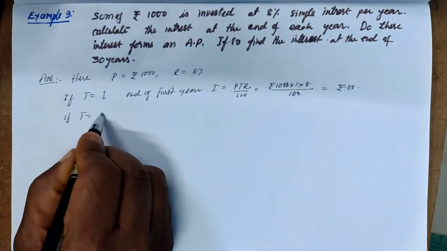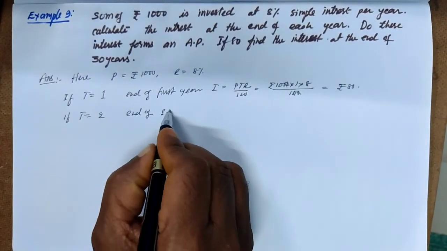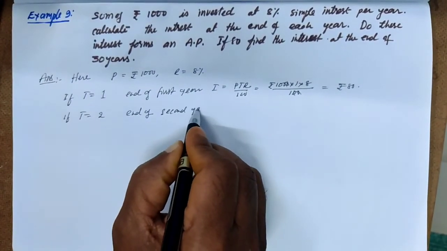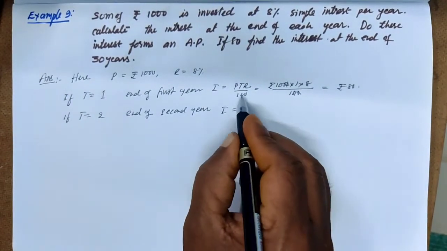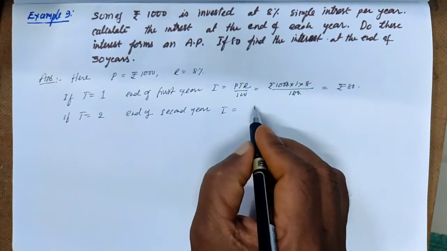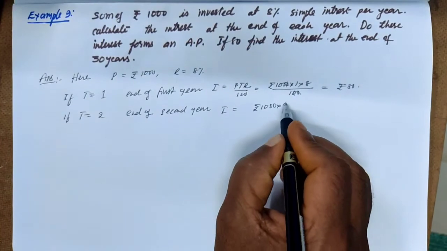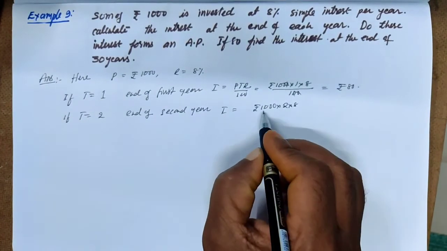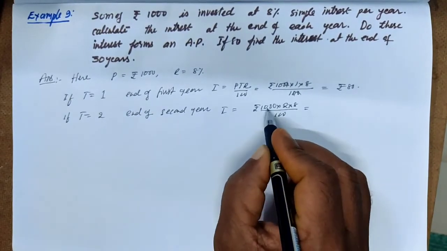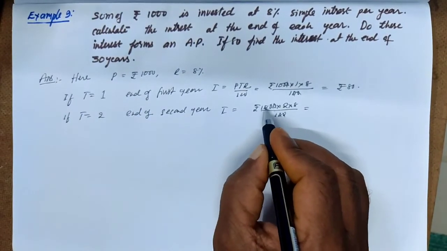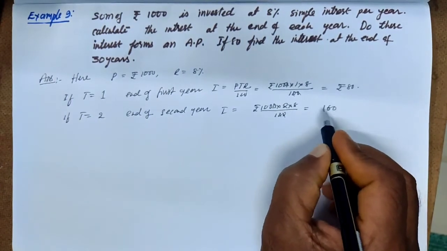If T is equal to 2, that is the end of the second year, substitute the given values in this formula: rupees 1000, time period 2, rate of interest 8 by 100. 10 into 2 is 20, 20 into 8 is 160 rupees.